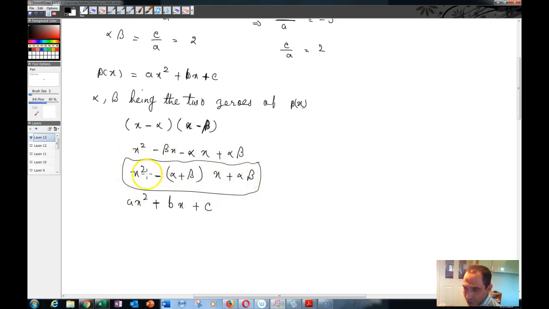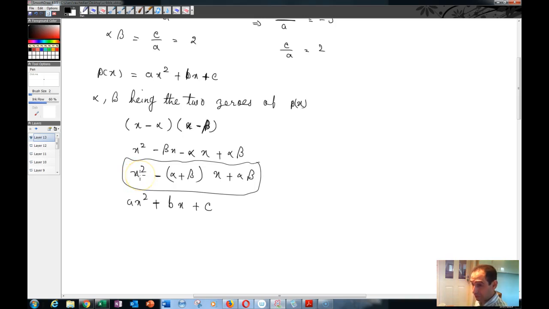Basically these are the roots of this polynomial. So then you can say that your b over here is minus (alpha plus beta), your c is alpha times beta, and your a over here is equal to 1.